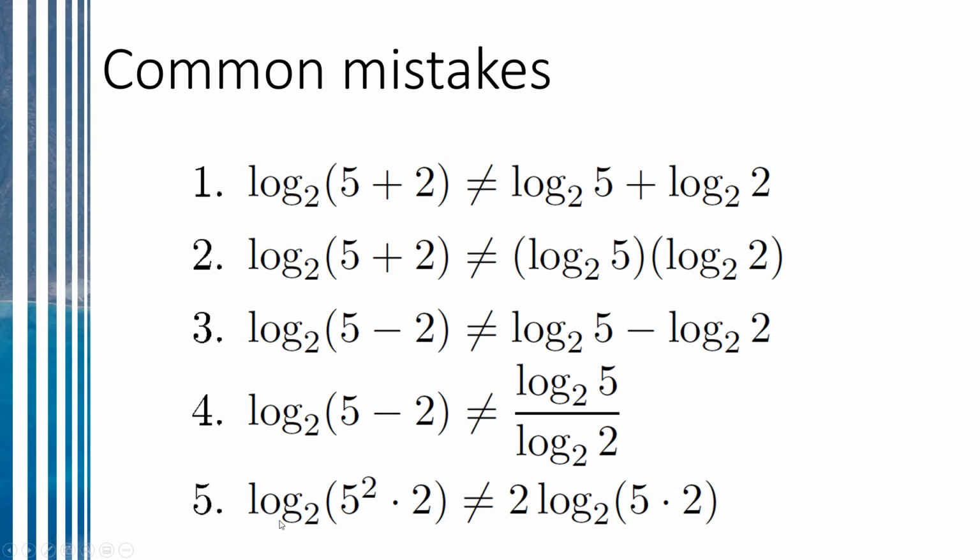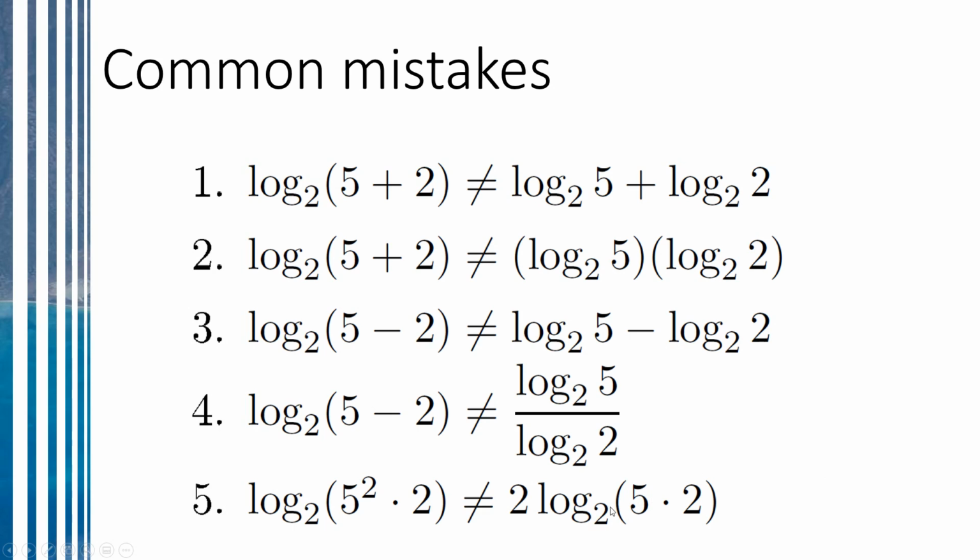And another, we have the logarithm of the quantity 5 squared times 2 with base 2 is not the same as, so this one is being directly written before the logarithm. So that's not the way.